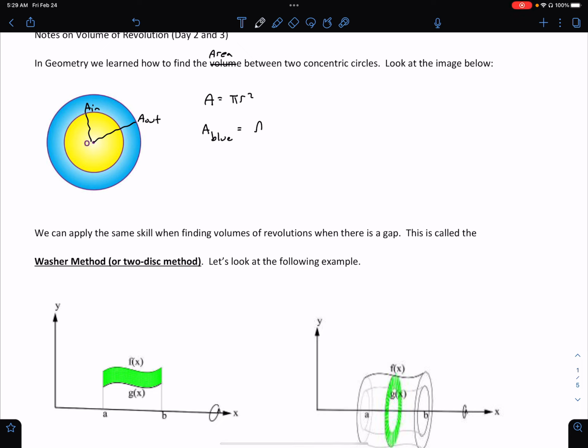And that's what we do. We would take the outside area minus the inside area. We're going to do exactly the same in terms of volume of revolution.